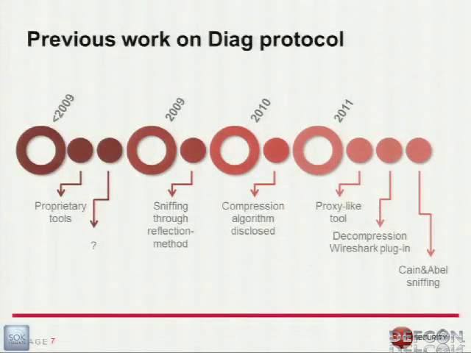And there was a lot of work in recent years around the protocol. Back in 2009, there were some proprietary tools trying to dissect the traffic of the protocol and getting clear text credentials, but the tools were not public. In 2009, Securon published a paper in which they introduced a method for sniffing the clear text credentials, which they called the reflection method.